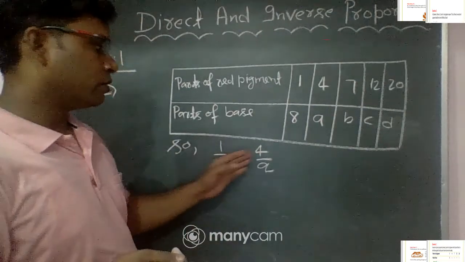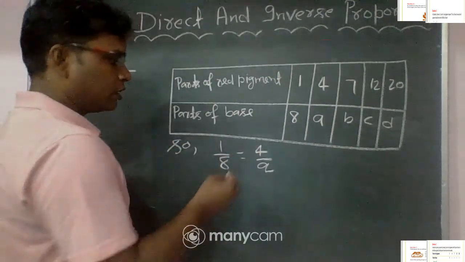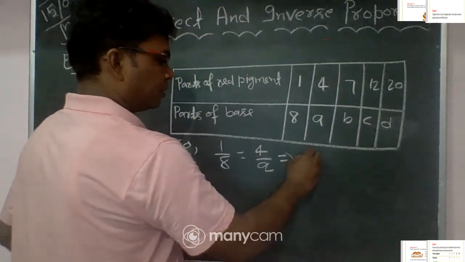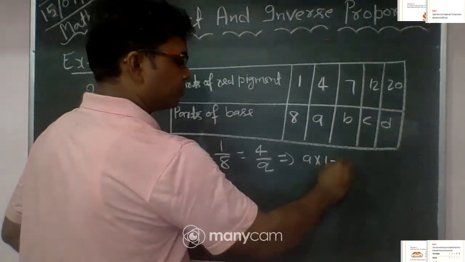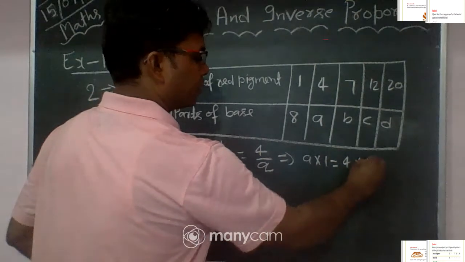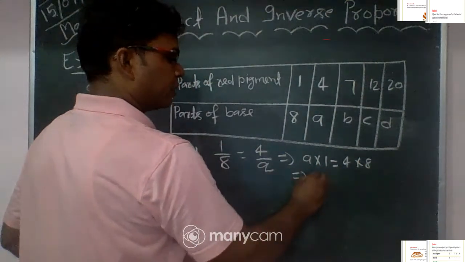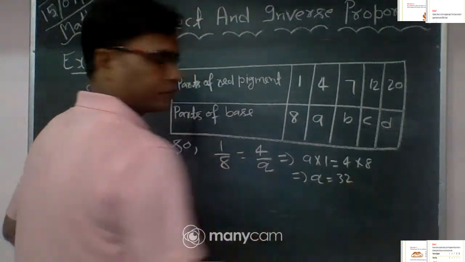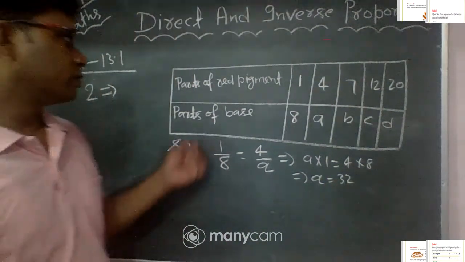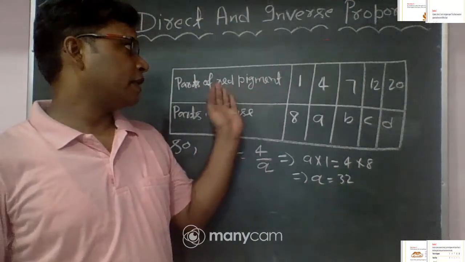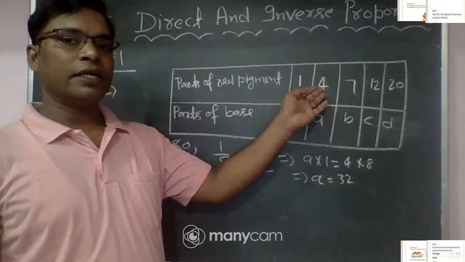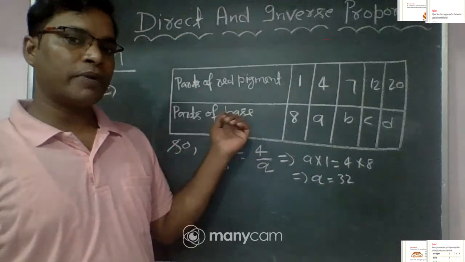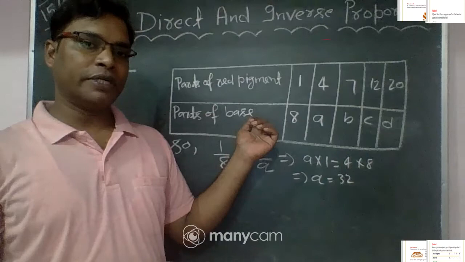So 1 by 8 is equal to 4 by a. By cross multiplication, we find that a into 1 is equal to 4 into 8, or a is equal to 32. Clear? So for 4 parts of red pigment, we need 32 parts of base.